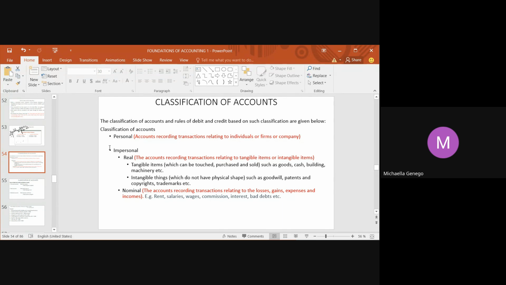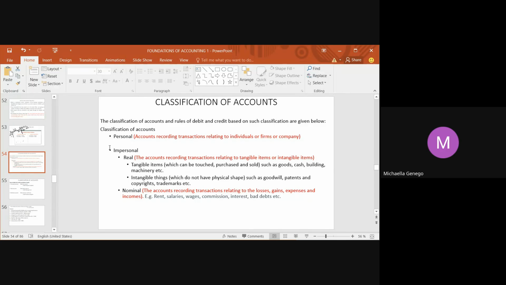With a personal account, we know that there are certain individuals or firms those accounts relate to. So for instance, if Michaela put 6,000 cedis into a business, Michaela is a personal account.